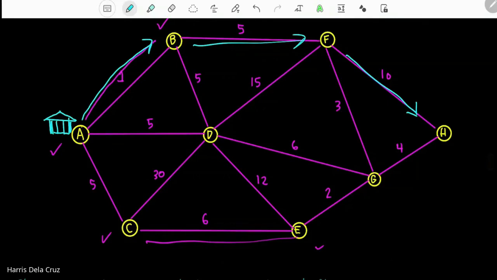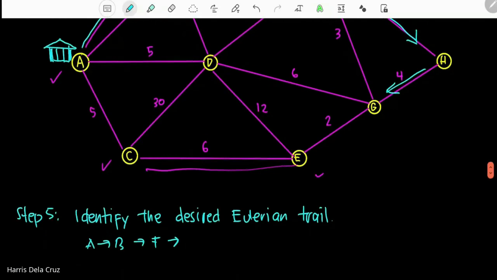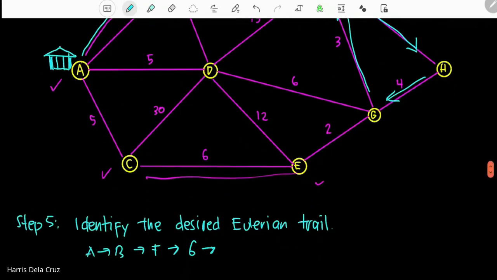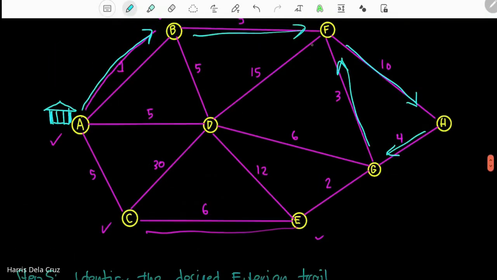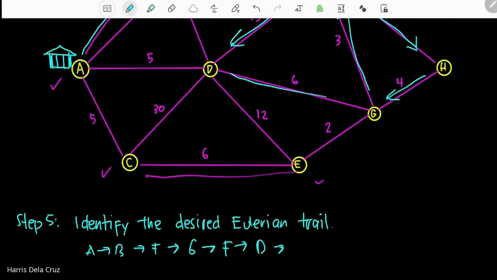So from H, we can now go to G. And then from G, let's go back to F, so that we're done with that section of the map. And then from F, there's no other road to pass but go to D. And then let's go back here to G. From G, you can go to E.